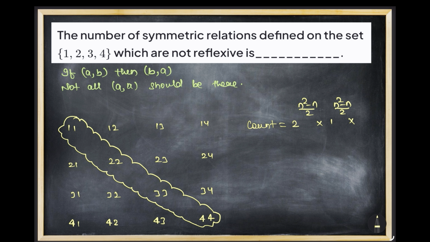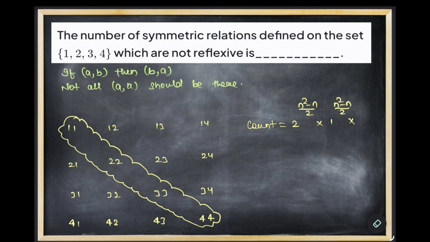Now we will talk about the diagonal elements. Look here. This time pay more attention. Suppose I ask you, I want to keep this element. Then what will you say? Okay sir, keep it, because only this element cannot make it reflexive. Suppose I tell you, I want to reject this.